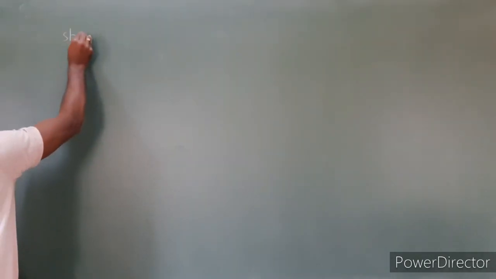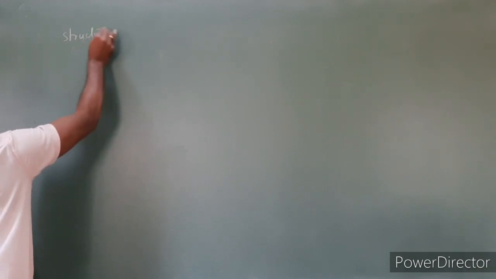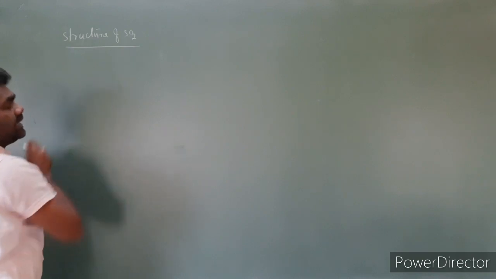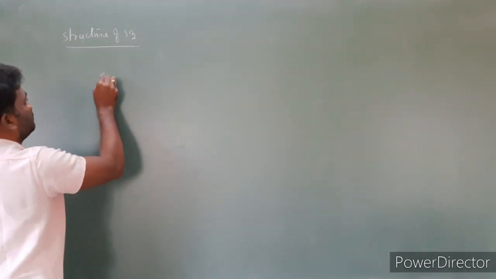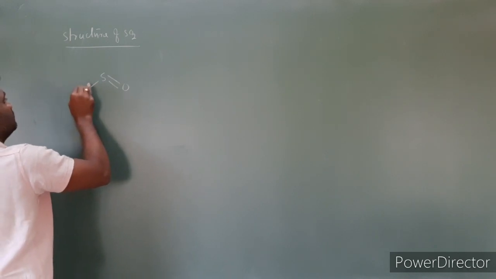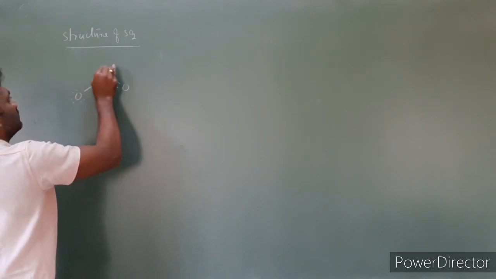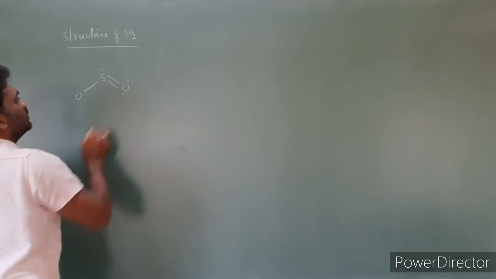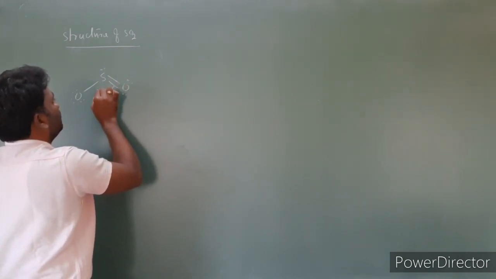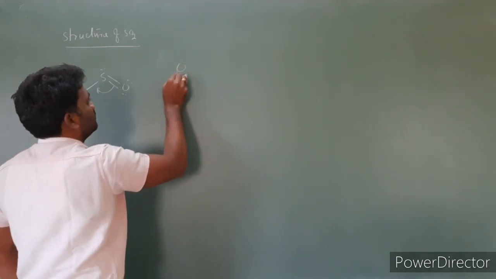Next, structure. Structure of SO2: it has an angular shape. S double bond O, oxygen. And this bond can be moved to the other side, and we get one more structure.